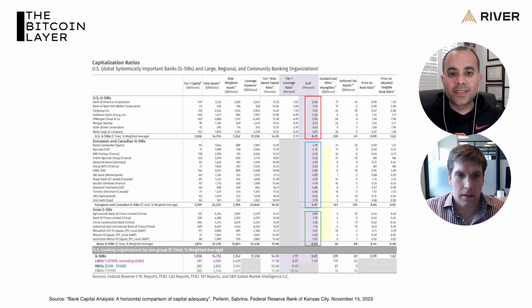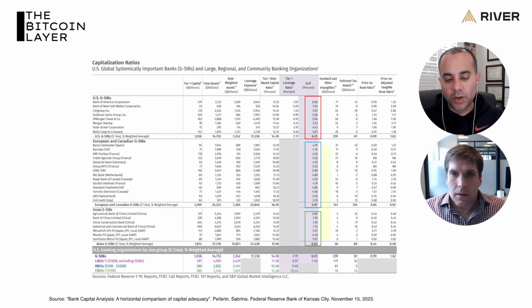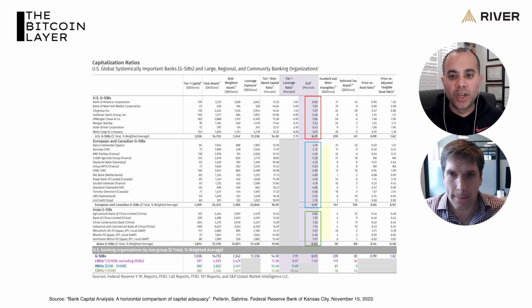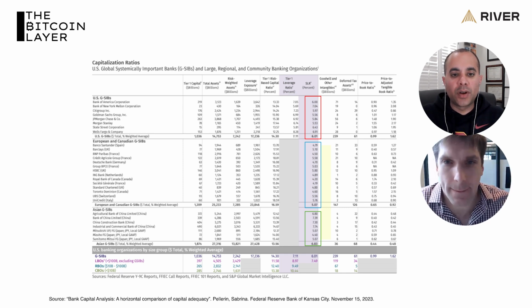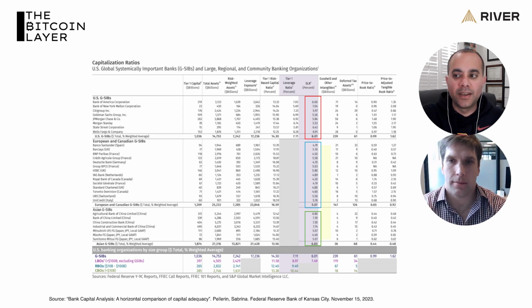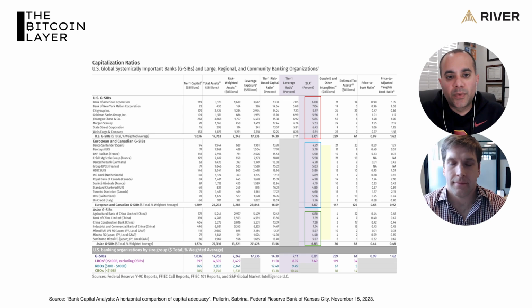Okay, and on the next slide here, we have a look at the GSIBs around the world. The S and the I in GSIB stand for systemically important. So these are banks that are important to the system. And again, these classifications are done from a global banking standpoint because that's the world that we live in. It's not just what the Fed is regulating, it has to do with how the system operates globally.